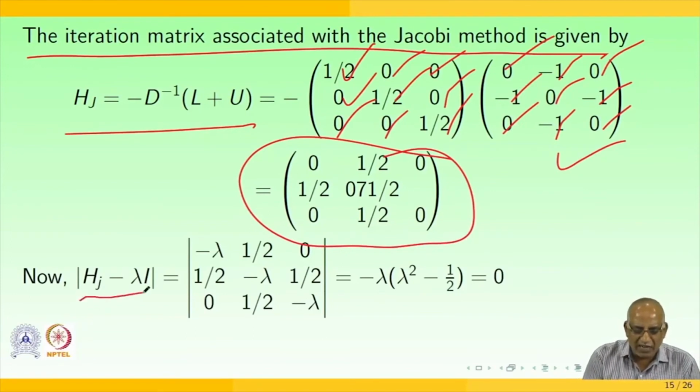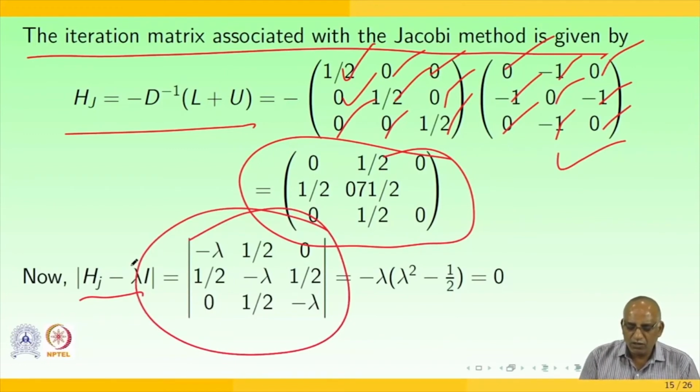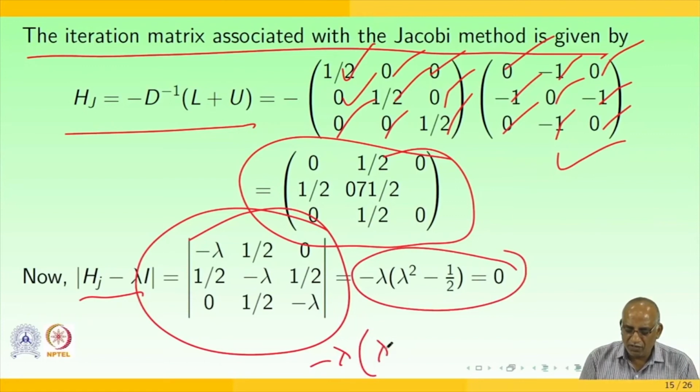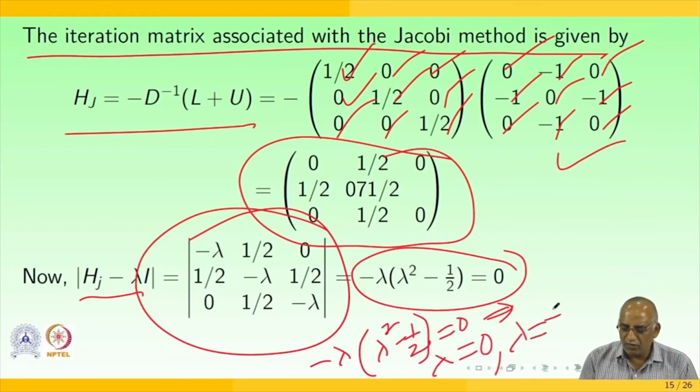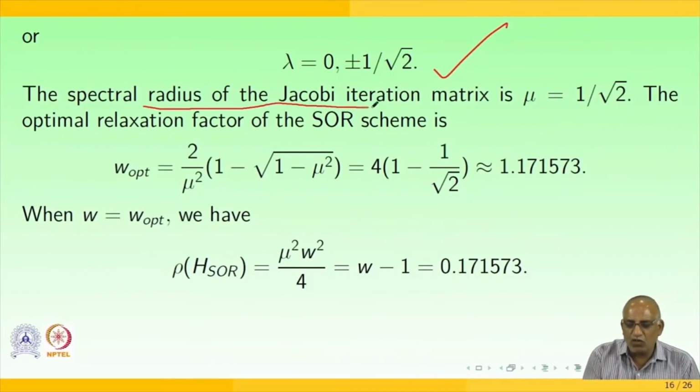Now H_J minus lambda I will be this matrix. So ultimately you will have minus lambda times of lambda square minus 1 by 2 is 0, which implies lambda is equal to 0, lambda is equal to plus or minus 1 over root 2. The spectral radius of the Jacobi iteration matrix is, that is mu is equal to 1 over root 2.